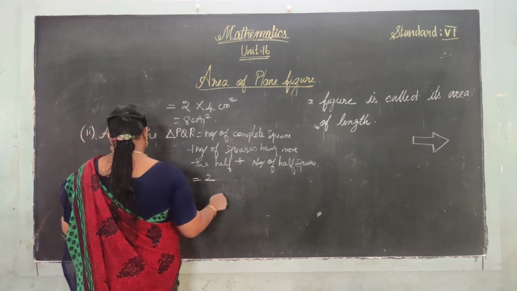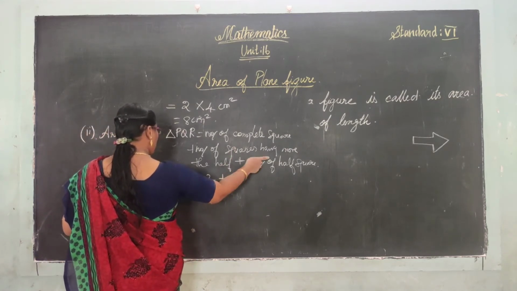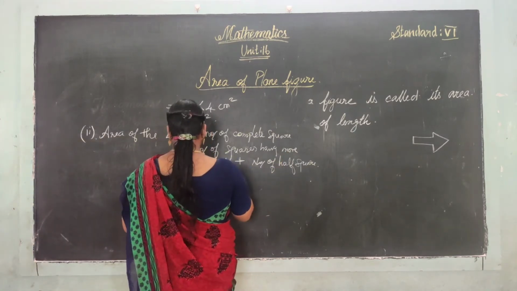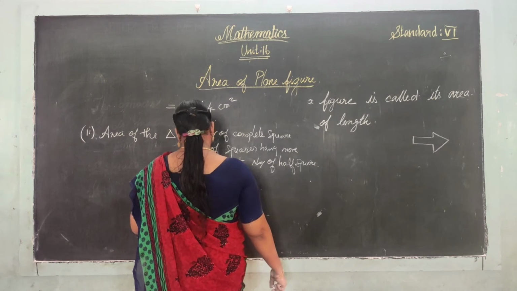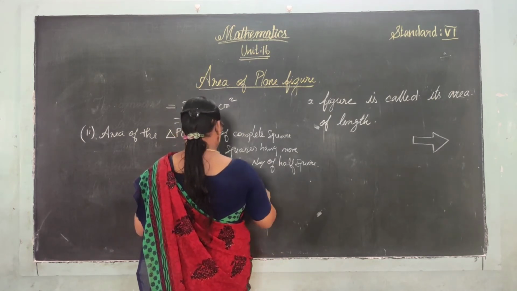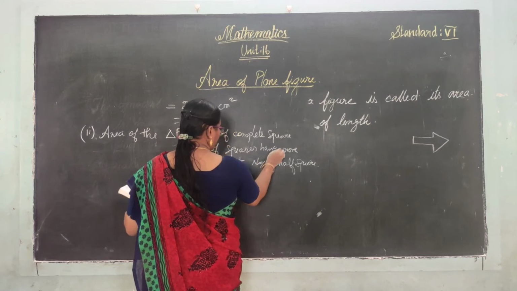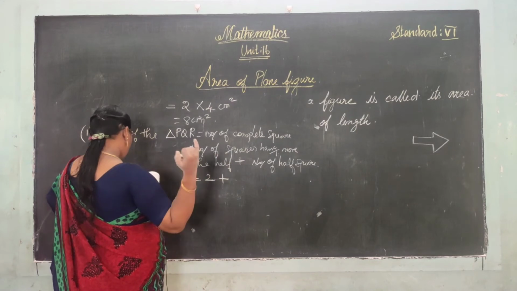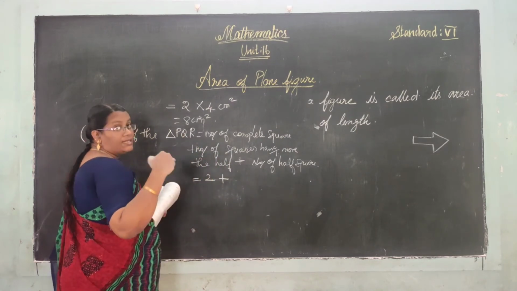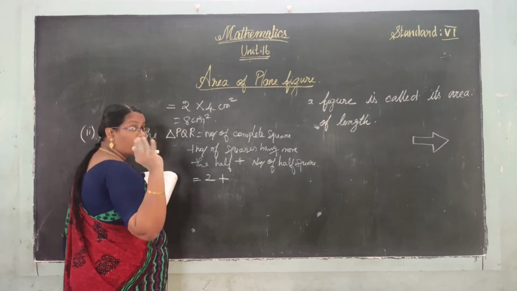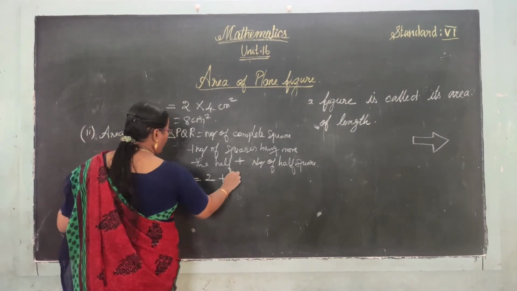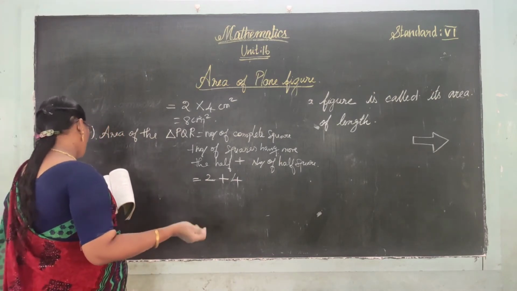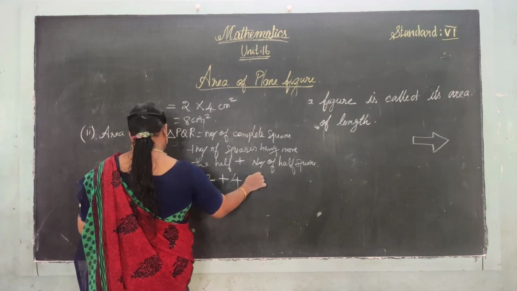Next, number of squares having more than half. Which are the numbers? 1, 4, 6 and 5. How many numbers? 4 numbers. Any number of half is not there, so you will omit that.